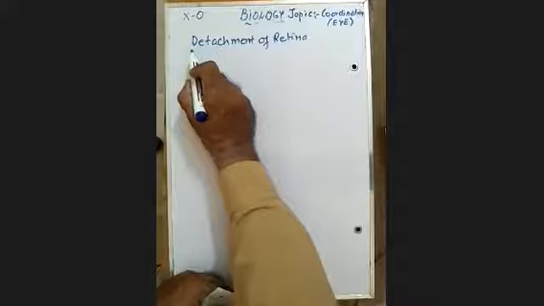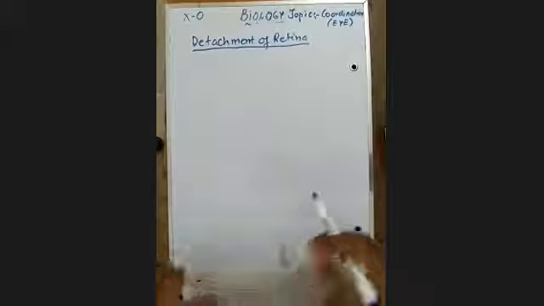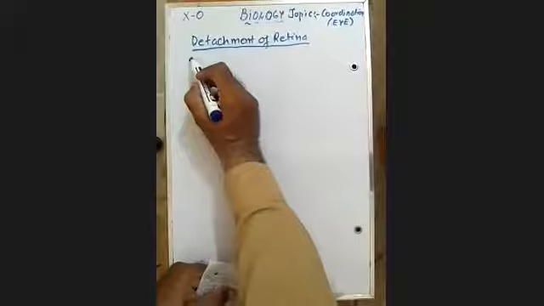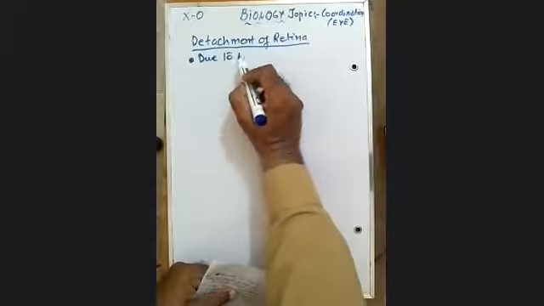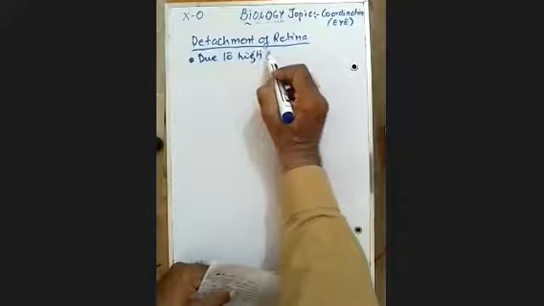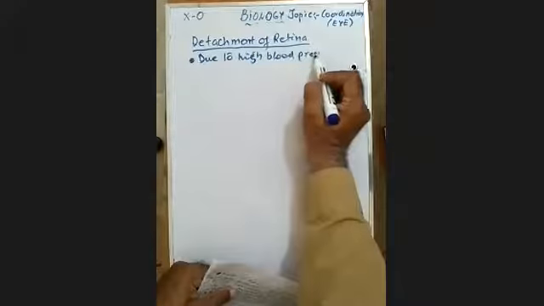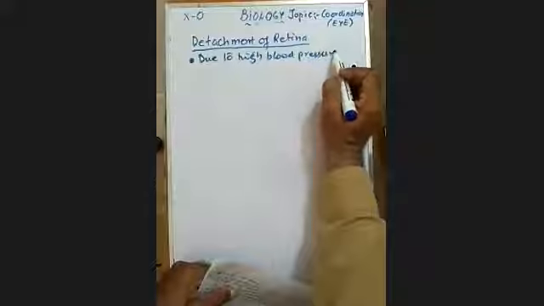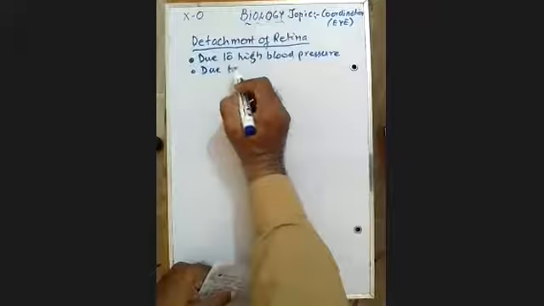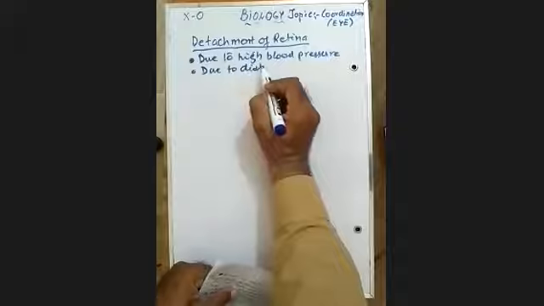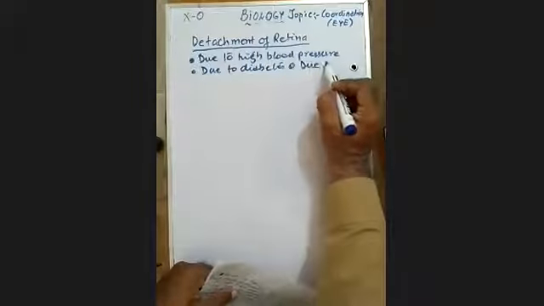A question came in the exam about detachment. What will happen if the retina is detached? You see, this is due to high blood pressure, due to diabetes, high sugar level, or due to an accident.